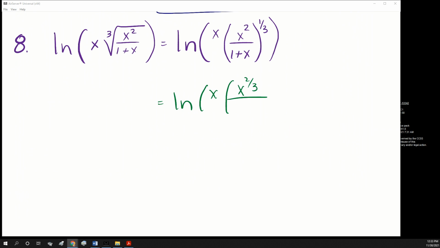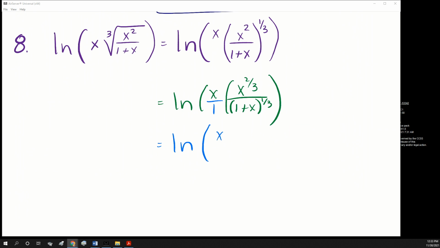And there in the denominator, I'm just going to write that as 1 plus x in parentheses raised to the 1/3. Okay. So now I'm going to multiply those together. So I went ahead and put x over 1.